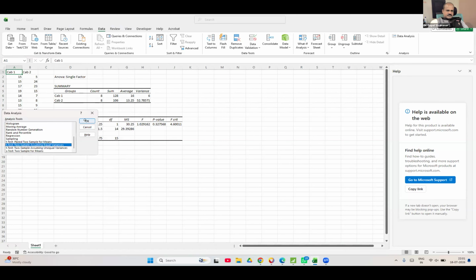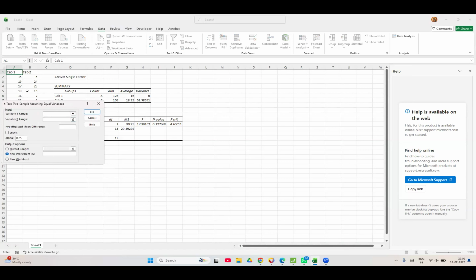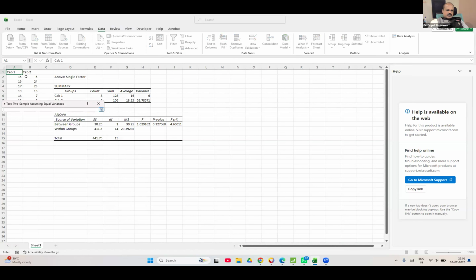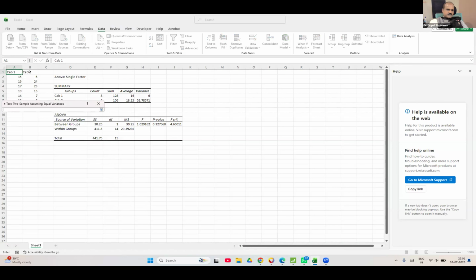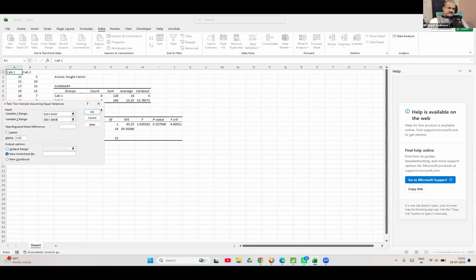Okay. Now variable 1 is cap 1. Variable 2, cap 2. You selected correctly. And the hypothesized mean difference is 0.